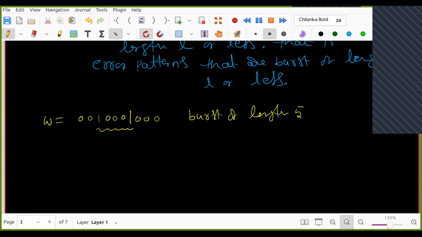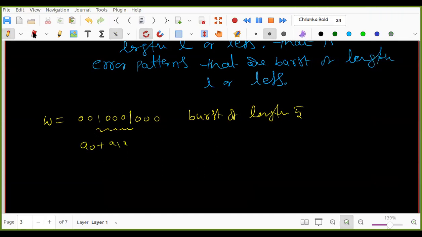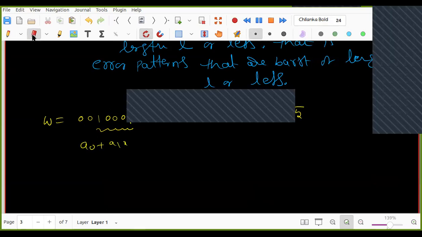Then what is the polynomial corresponding to this? Can you suggest? You write A0 plus A1 x, like that. Can you convert it into a polynomial and say?